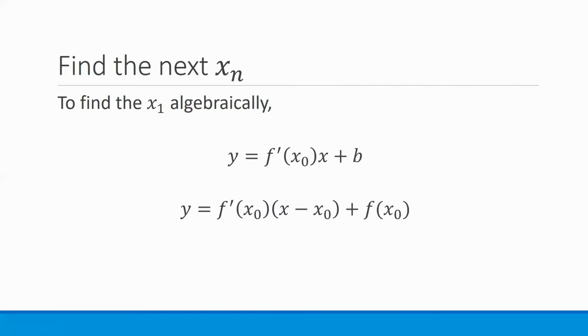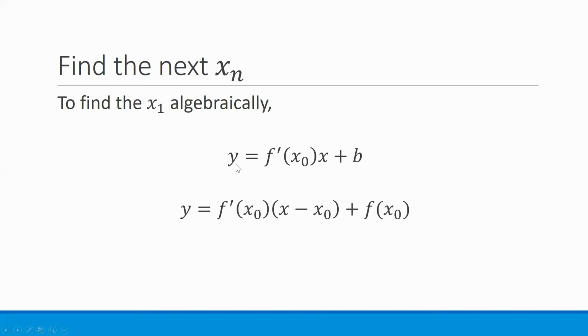We know, since we're talking about a tangent line, that the slope of that tangent line has to be the derivative of the function at x0. So we're going to have to be able to find the derivative of the function at x0, and that's going to be my slope.